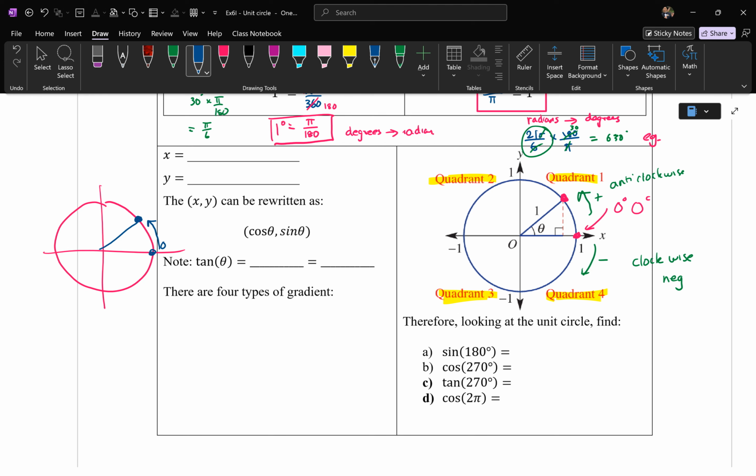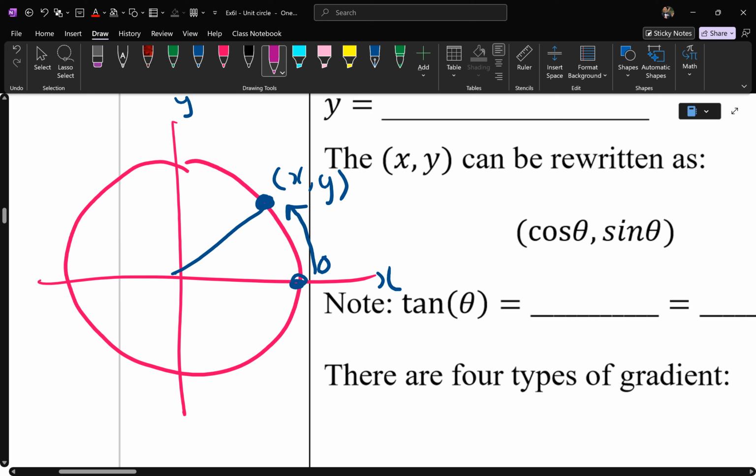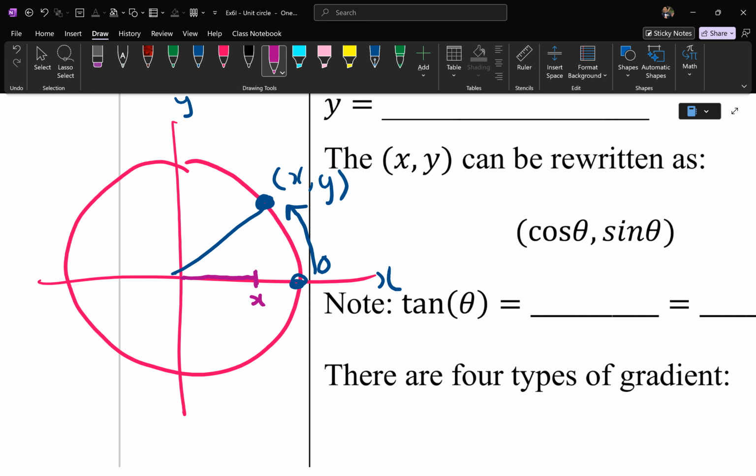This coordinate on the Cartesian plane will have a y and an x value, which we say x coordinate, y coordinate. Fair call? But the x coordinate, if you notice, it actually represents, let me do another color. This here is your x coordinate value.